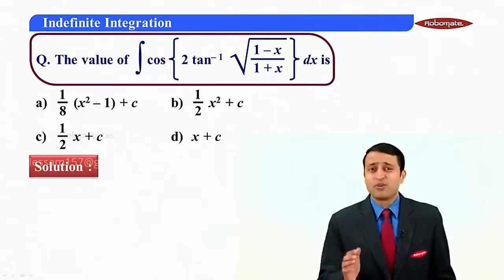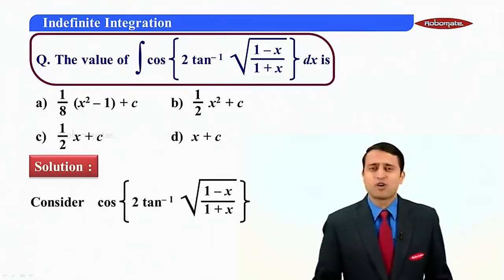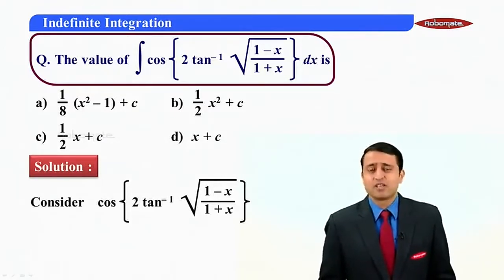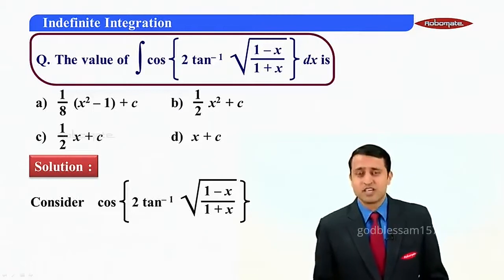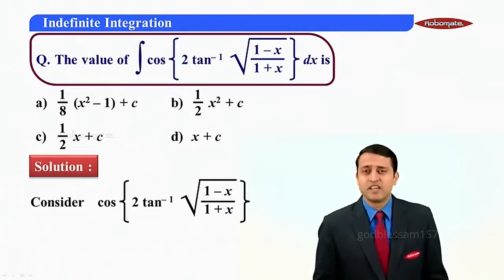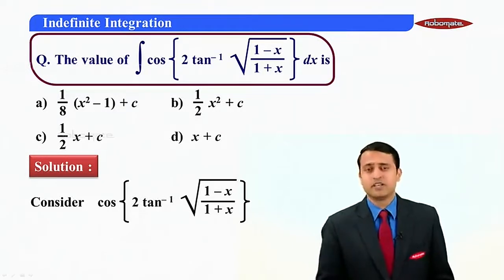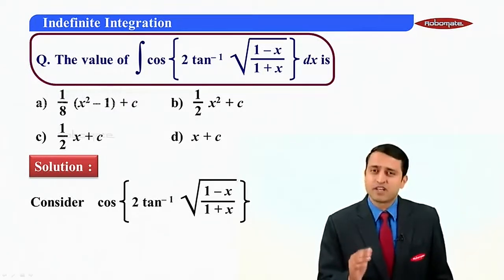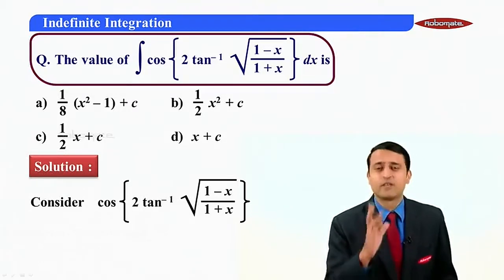I don't want to go into directly solving the integral, so let us consider cos of 2 times tan inverse root of (1 minus x) upon (1 plus x). If I need to integrate this, first I'll see how to simplify this particular term. First we'll try to simplify the function inside the tan inverse.